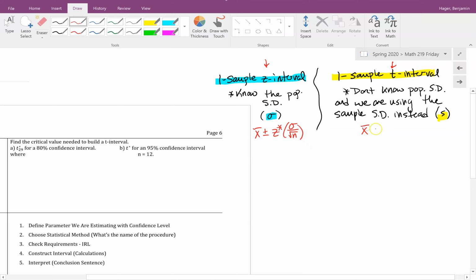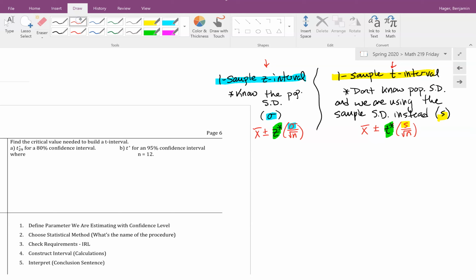Again, the difference is here I knew the population standard deviation. Here I did not, so I had to approximate it with the sample standard deviation. That then changes whether I'm using a z-score or a t-score, but the interval itself is the same.